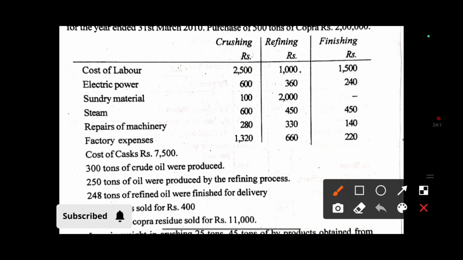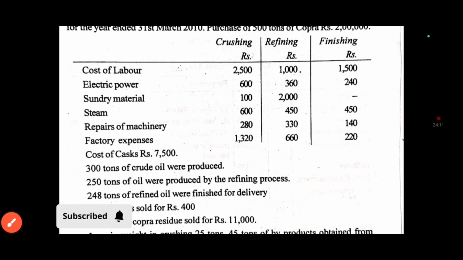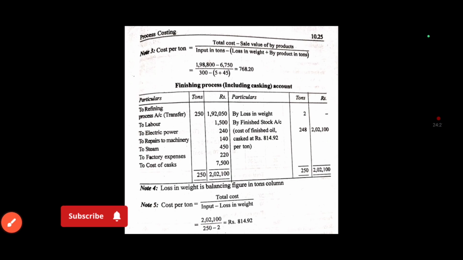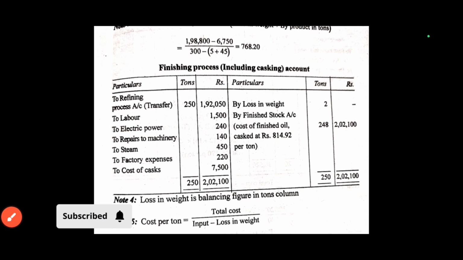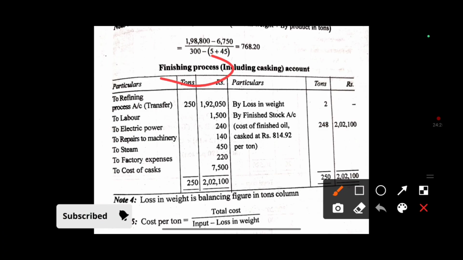So with that cost we need to add the cost of the cask, rupees 7,500, because I already explained to you what is meant by cost of cask. After refining the product, the finished product, you need to fill the oil into a container. That container is called a cask. The purchase cost of the oil container is 7,500, to be entered on the finished product.